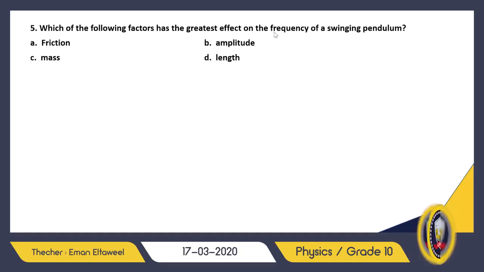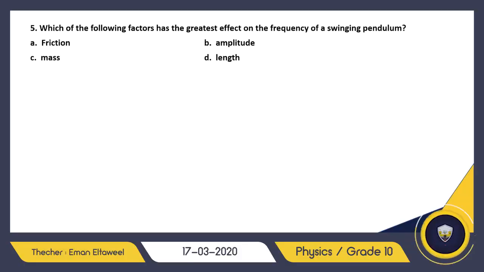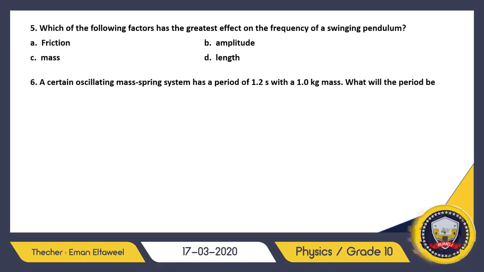It doesn't affect the frequency. Amplitude also doesn't much affect the frequency. Also, the mass doesn't affect the frequency. But the length of the pendulum affects the frequency very much, because the length of the pendulum affects the number of cycles made by the bob of the pendulum. So it will be length, D.